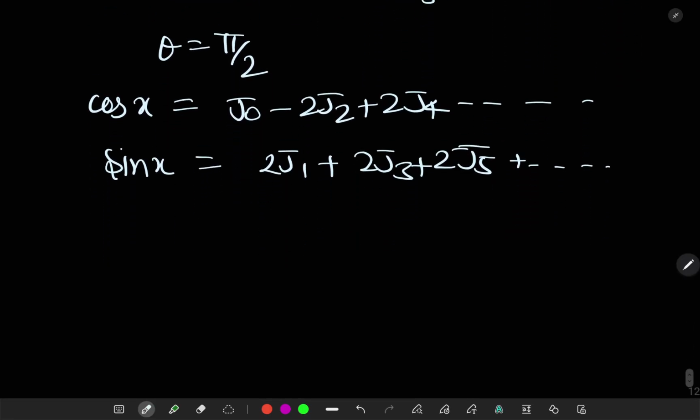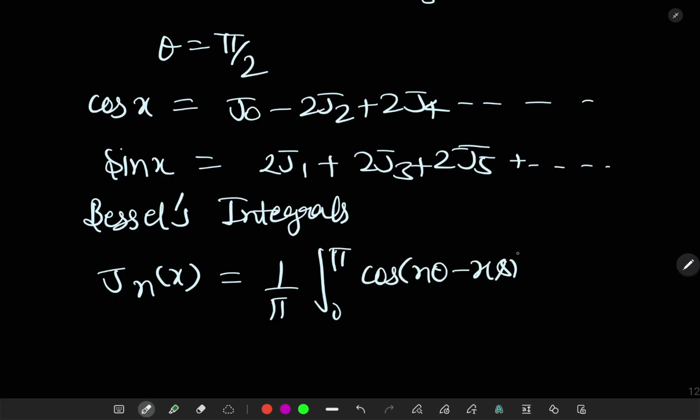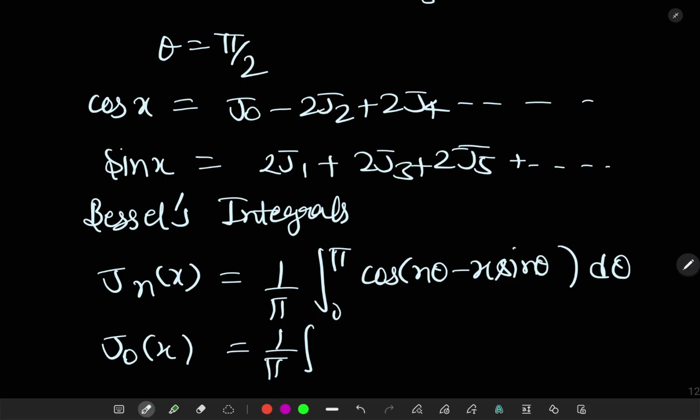Now another important topic is Bessel integral. Here Jn(x) is equal to 1 by pi integral 0 to pi cos(n theta minus x sin theta) d theta, and if we put n equal to 0 we get this other integral.